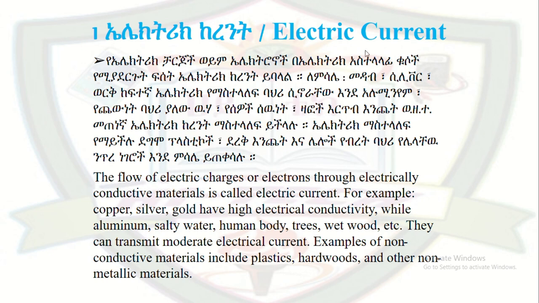Electrical current. The flow of electric charge or electrons through electrically conductive material is called electrical current. For example, copper, silver, and gold have high electrical conductivity, while aluminum, salty water, the human body, trees, and wood can transmit moderate electrical current.